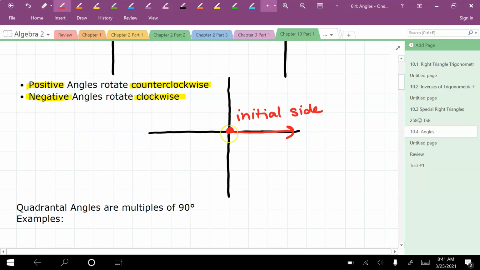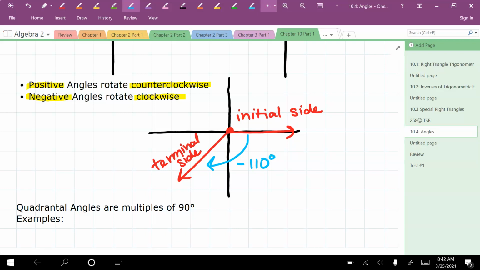But this time, this is still the terminal side, and if they label the angle measurement inside, or you're told that this time the angle is negative 110 degrees, that's because it went the other direction. Instead of going around the quadrants like we normally do, it went the opposite direction, and that causes the angle to become negative.